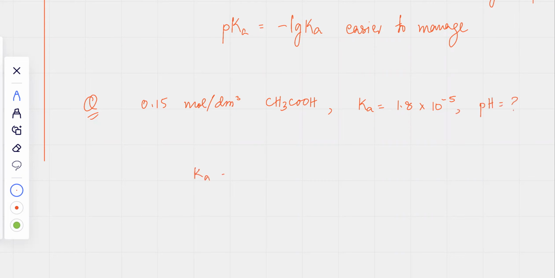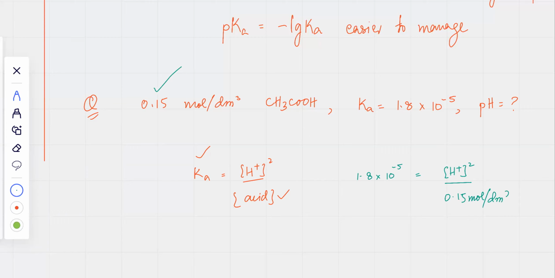So Ka is H+ squared, which we don't know, divided by the acid concentration. What values do we have? We've got our Ka value and our acid concentration. So we're going to use those values. It's 1.8 times 10 to the power minus 5. The H+ concentration is completely unknown. And you have your acid concentration, which in this case is given as 0.15 mole per decimeter cubed.